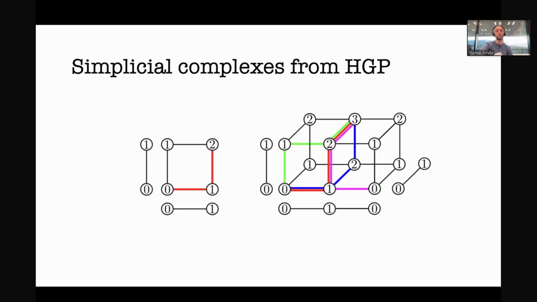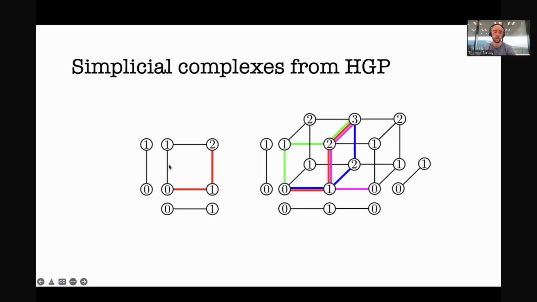And then you can derive a simplicial complex from this by associating one D simplex to every path, starting at a level 0 vertex and then going in increasing order through vertices up to a level D vertex. So this path, just 0, 1, 2, would be a 2 simplex.